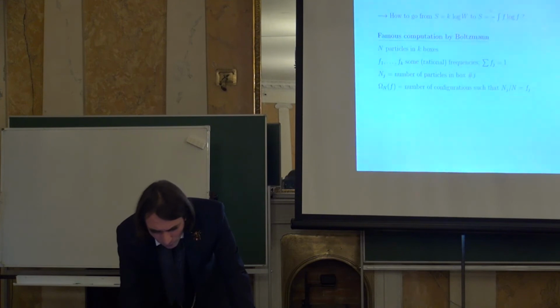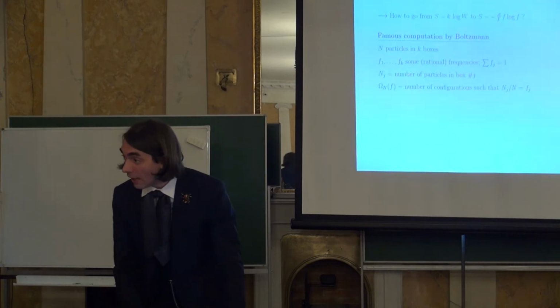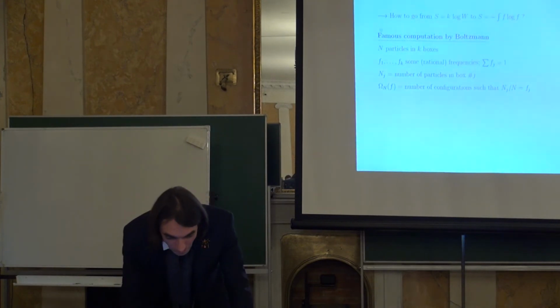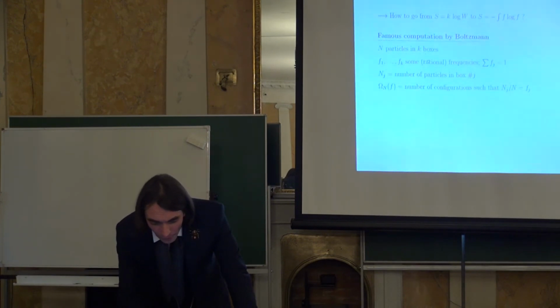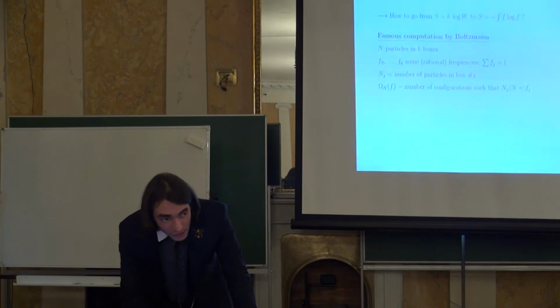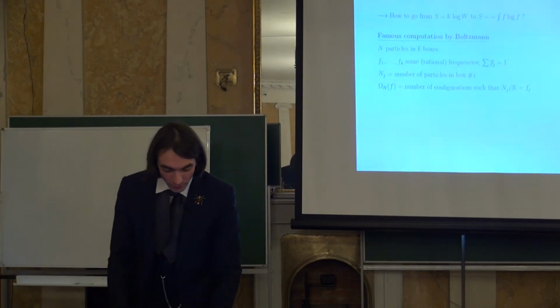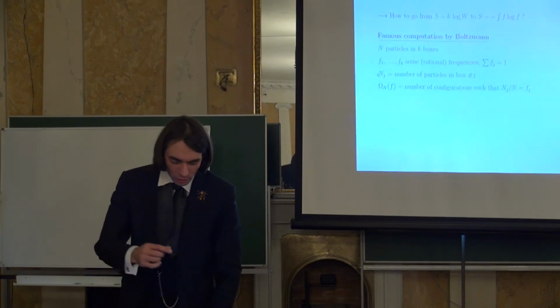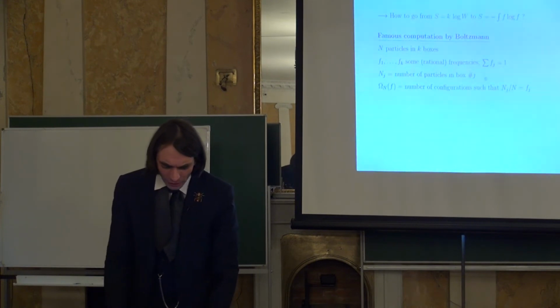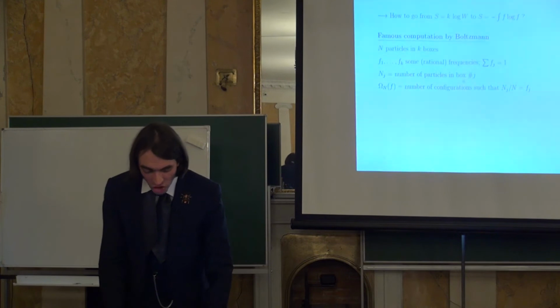How to go from this formula to this formula is a famous elementary computation. Take n particles in k boxes, take some rational frequencies, f1, etc., fk, so that the sum would be 1, and call nj the number of particles in the box number j.